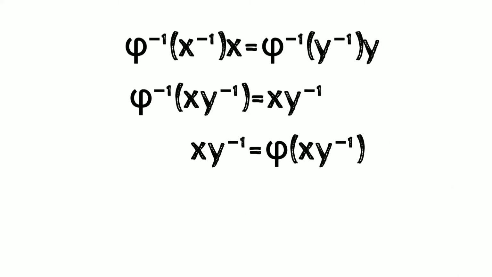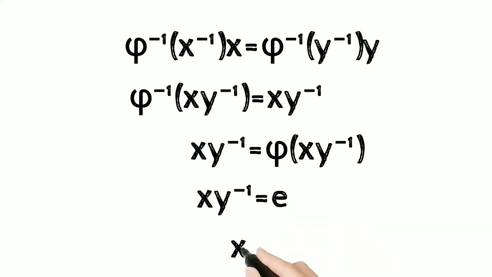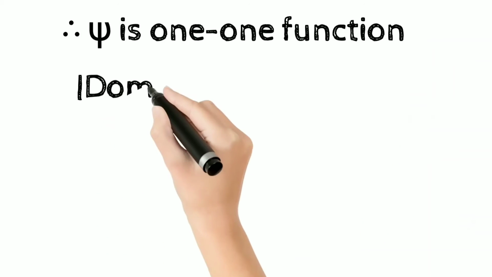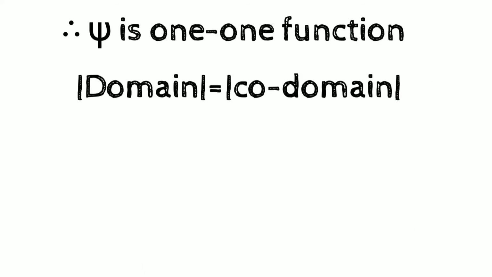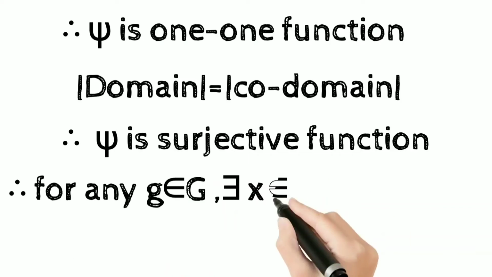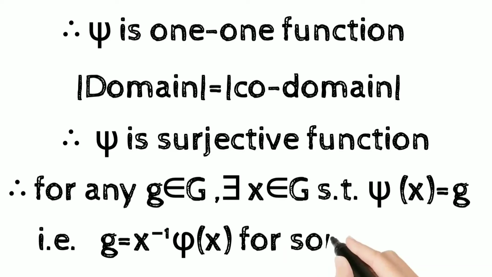But since we are given that phi of x equals x if and only if x equals e, we get x y inverse equals e, that is x equals y. Therefore psi is 1-1. And since our domain and codomain are the same, their cardinalities are also the same. Therefore by our previous theorem, psi is surjective. Hence for any g belongs to G, g can be written as x inverse phi of x for some x belongs to G.